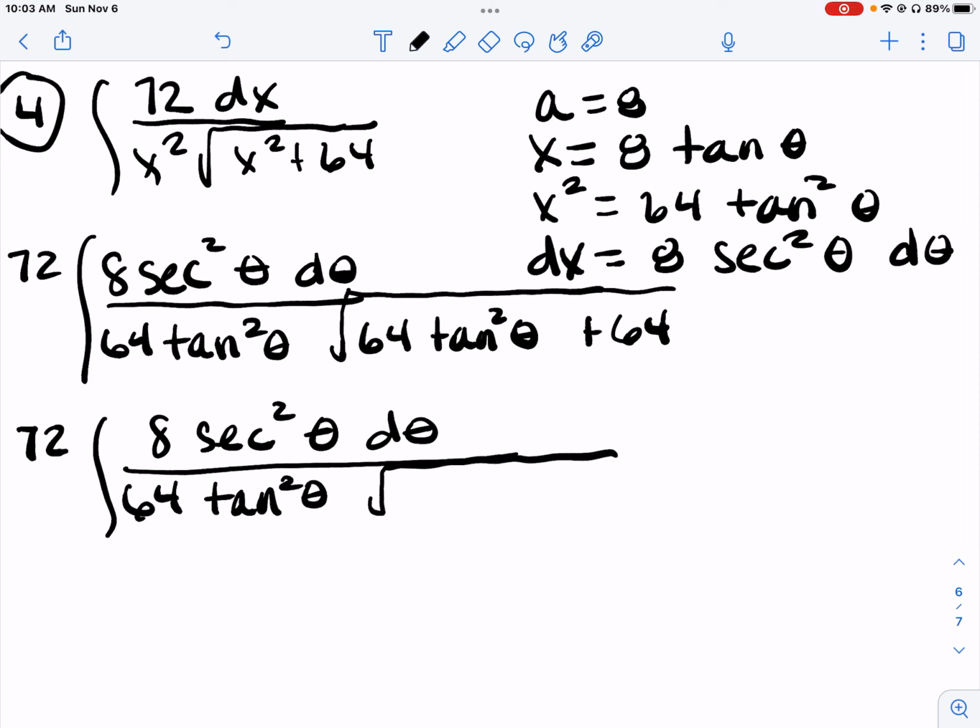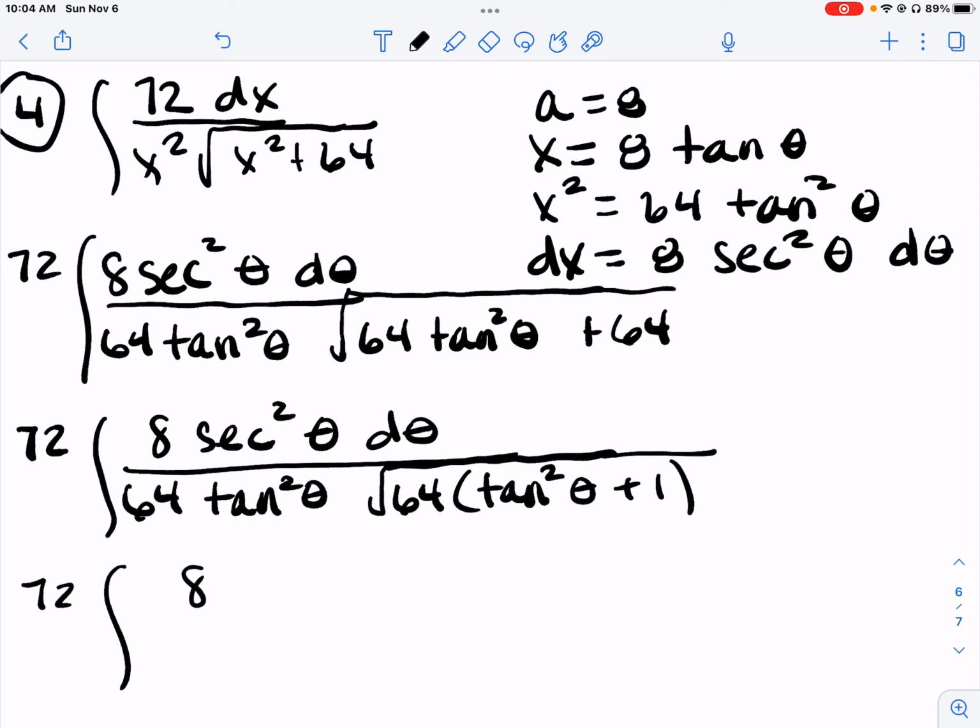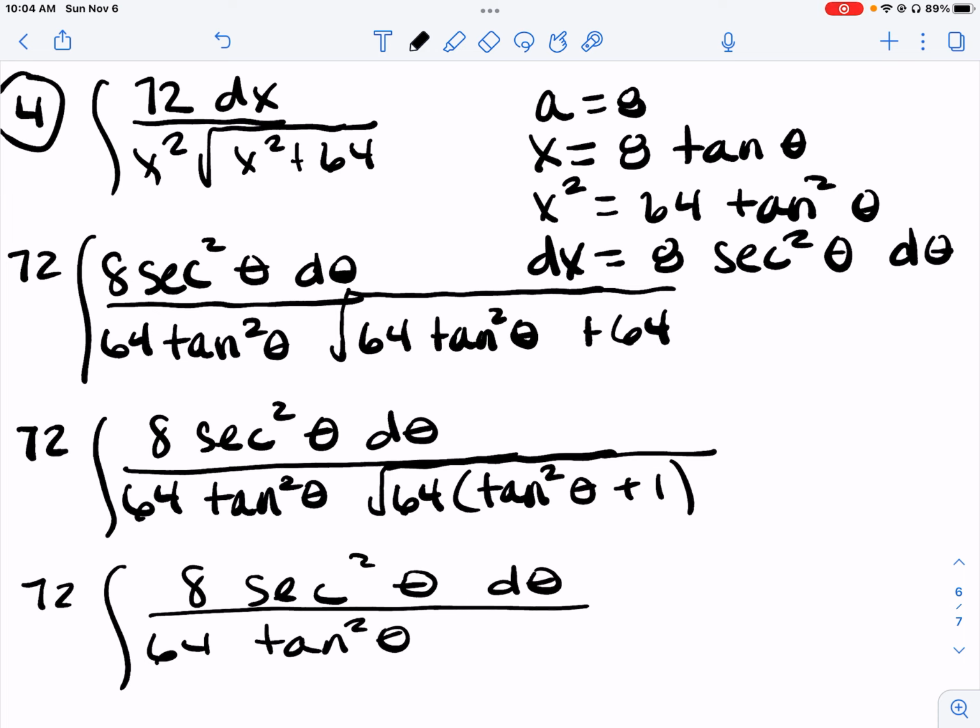Factor out the 64 they have in common. Tan squared of theta plus 1 is secant squared. Okay, I'm just going to rewrite that.